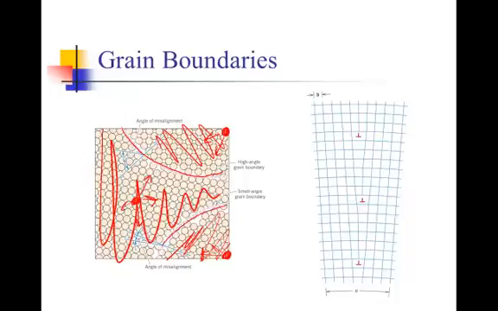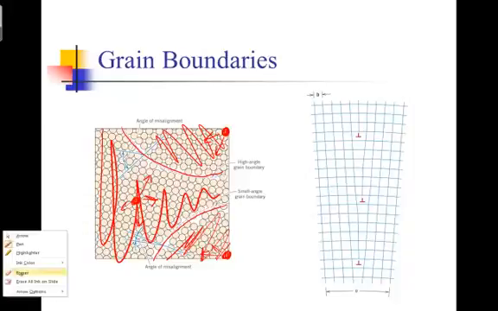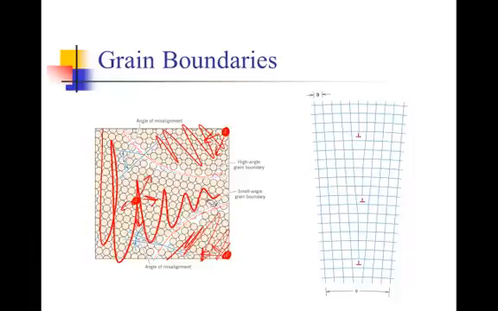Okay. And you notice along those lines, let me come back and erase some of that so that you can see it better. You notice along those lines that the atoms appear more disorganized and there's some extra free volume there.